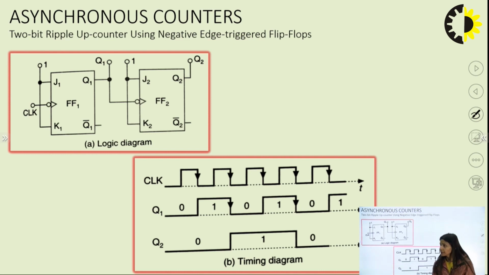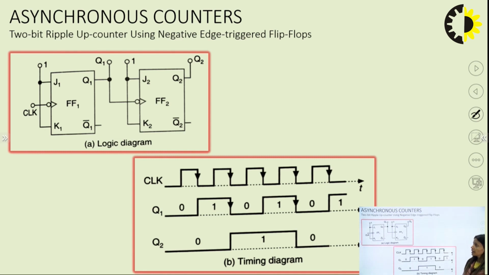So, let us design a 2-bit asynchronous counter using JK flip flop, right? Using JK flip flop, the 2-bit ripple up counter. We are designing one up counter using negative edge triggered flip flop.